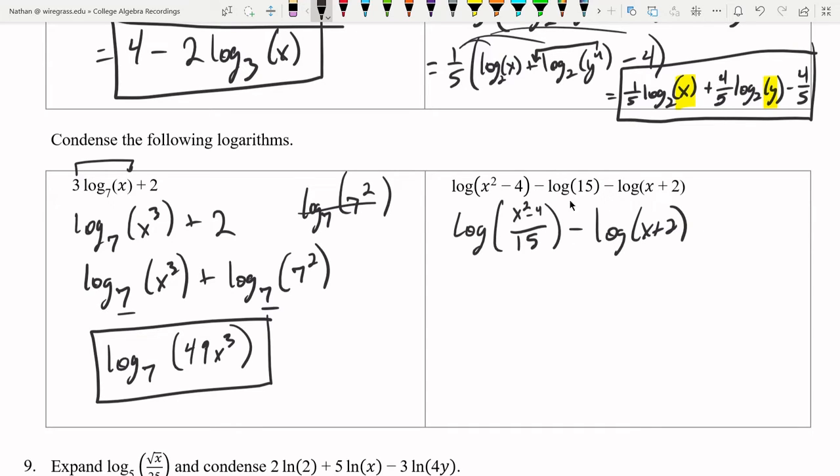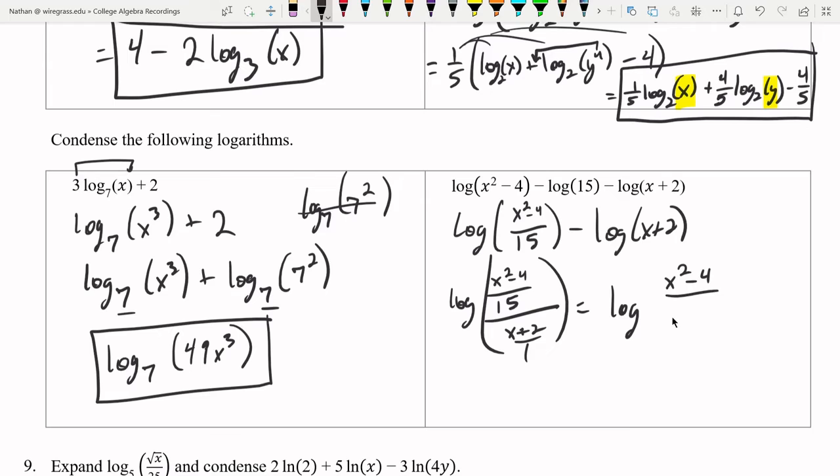And now I can divide again, so we're going to go log of x squared minus 4 over 15 divided by x plus 2. Division is going to be division by a fraction, so multiply by the reciprocal. That's going to give us log base 10 of x squared minus 4 over 15 times x plus 2.